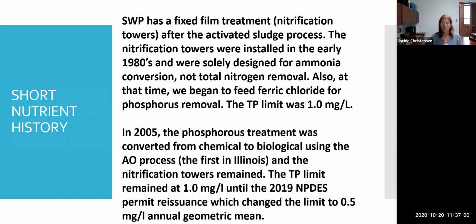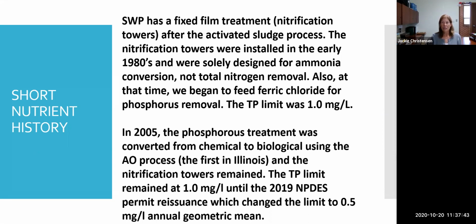The limit was 1 milligram per liter, and we actually had a 2 milligram per liter daily limit, which was a little unusual, but with our downstream situation, basically we are the stream, and then there is Lake Shelbyville below us downstream. So things pretty much stayed the same until 2005 with some of the upgrade, which was a large upgrade. We converted from the ferric feed for total phosphorus to a biological.